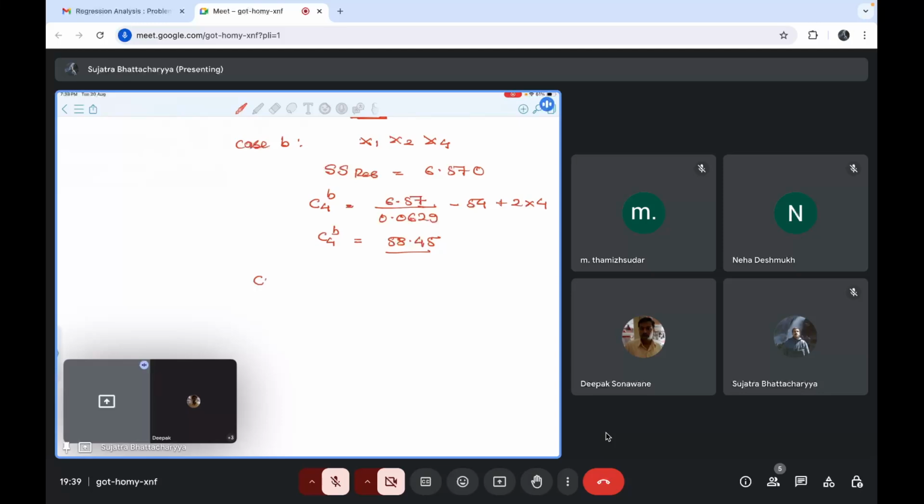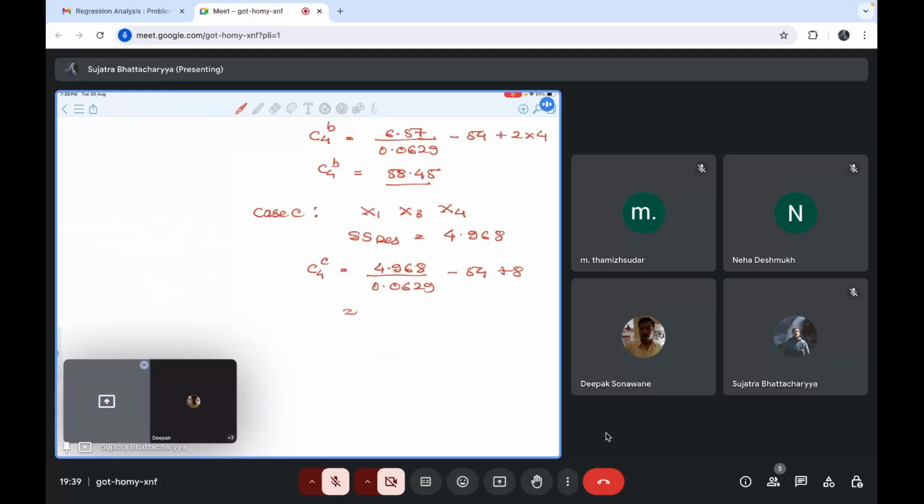Let's see case C and case D. So case C is x1, x3, x4. SS residual, I'm just writing, it is 4.968. So C4 of C is 4.968 divided by 0.0629, minus 54 plus 8. I'm just writing, okay, 2 into 4 is 8. So here it will be 32.9.